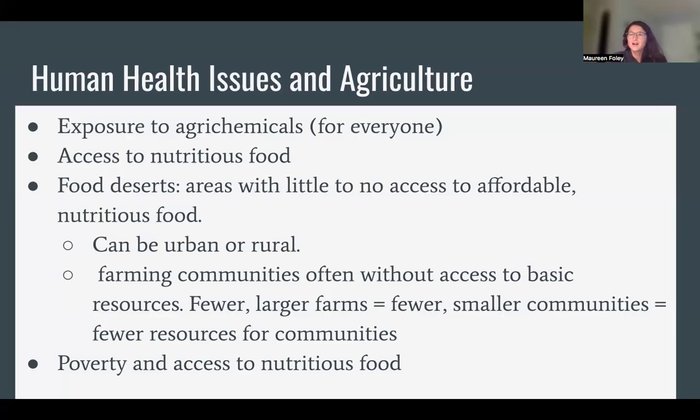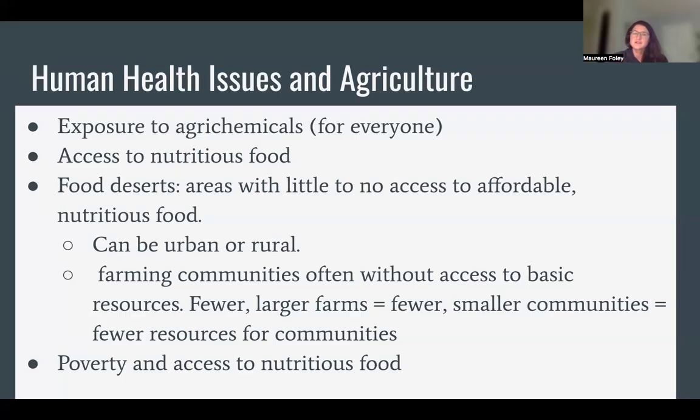Now, when passing through these towns, you could tell that they used to be something. But now they're full of abandoned buildings, and maybe there's a few people living there. There's a couple farmers, but this consolidation of farms that we talked about, we have fewer larger farms, which means that a lot of people had to leave these communities to find other opportunities.